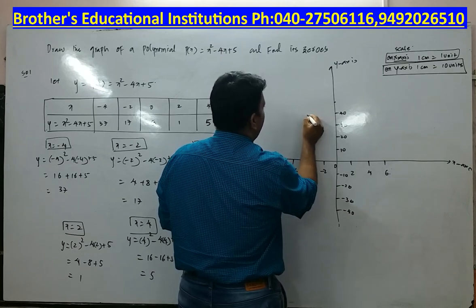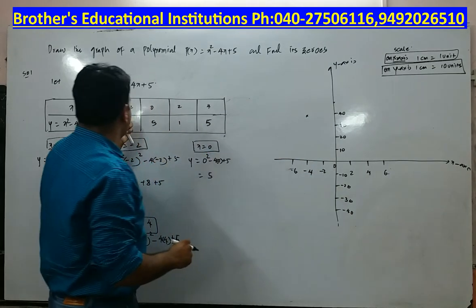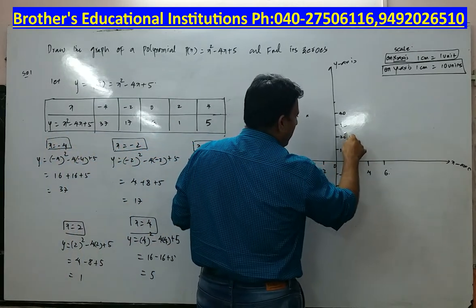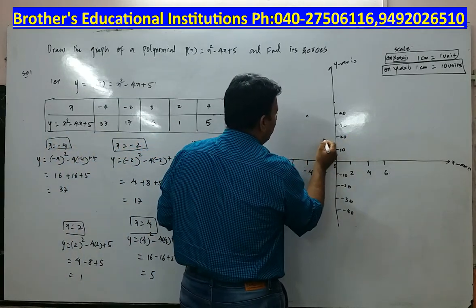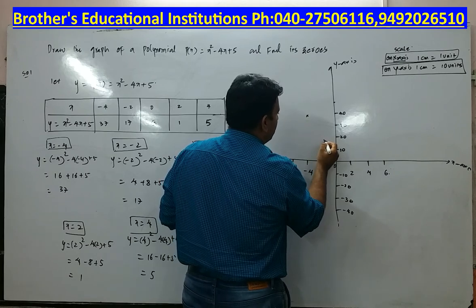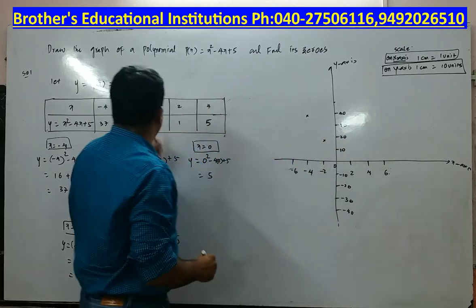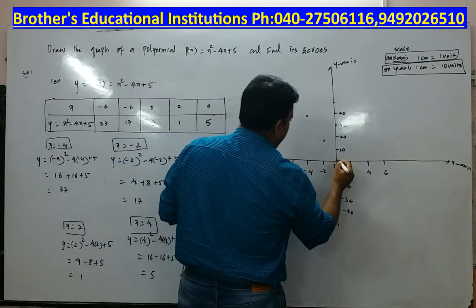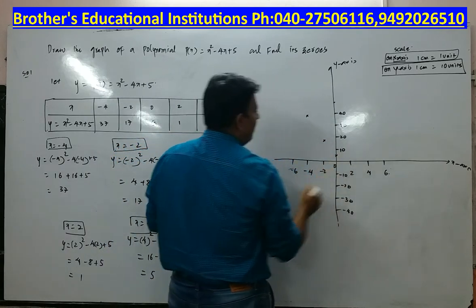Somewhere here I will mark. For x is equal to minus 2, the value of y is 17, between 10 and 20 but nearer to 20. For x is equal to 0, the value is 5, between 10 and 0, so in between you have to plot 5.